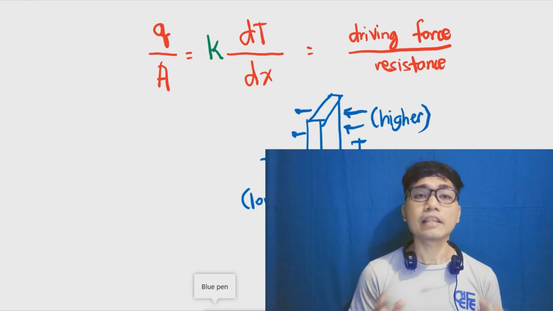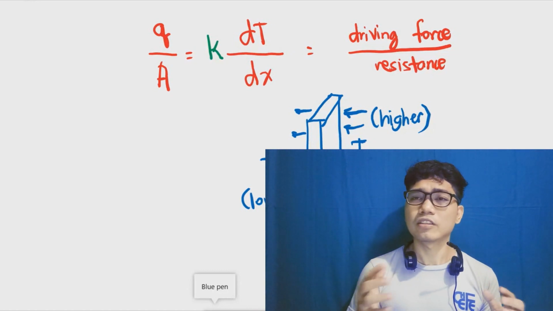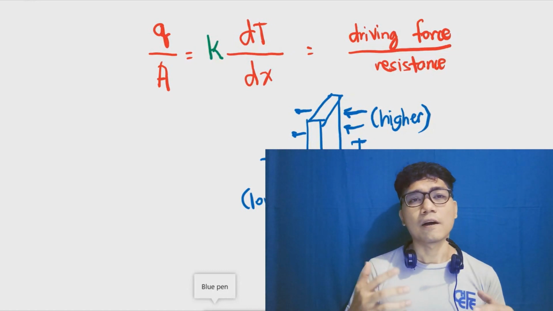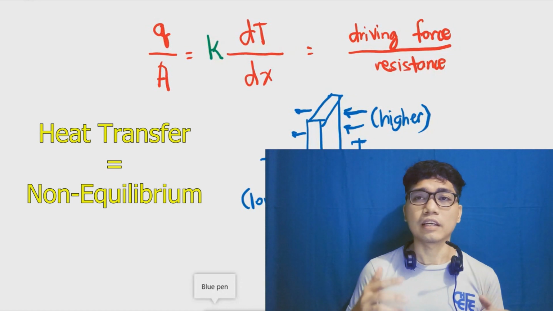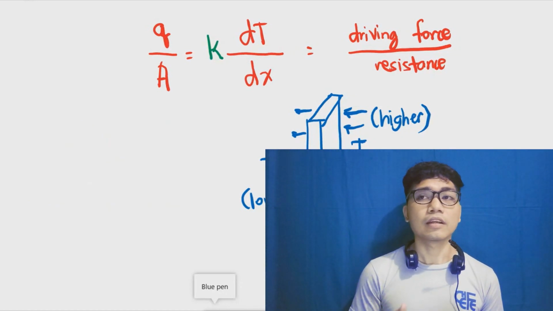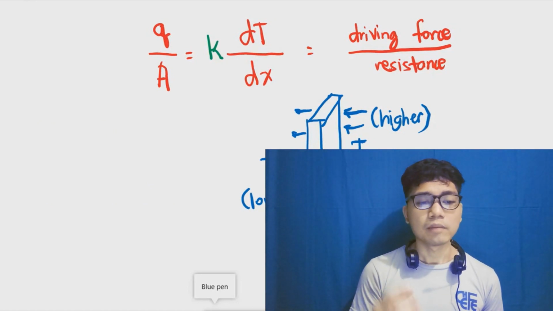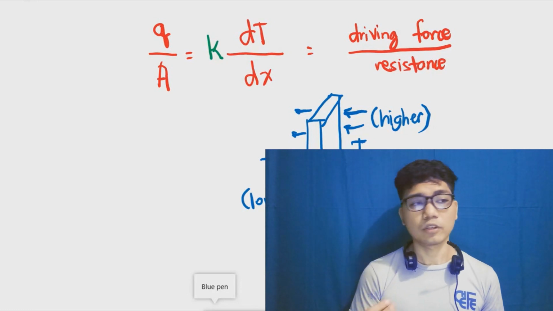But in heat transfer, we're basically concerned with the discussion about heat transfer in a non-equilibrium state, meaning it changes with time, as well as we're always concerned with the rate of the transfer of heat, because in thermodynamics we're concerned with the amount, usually.